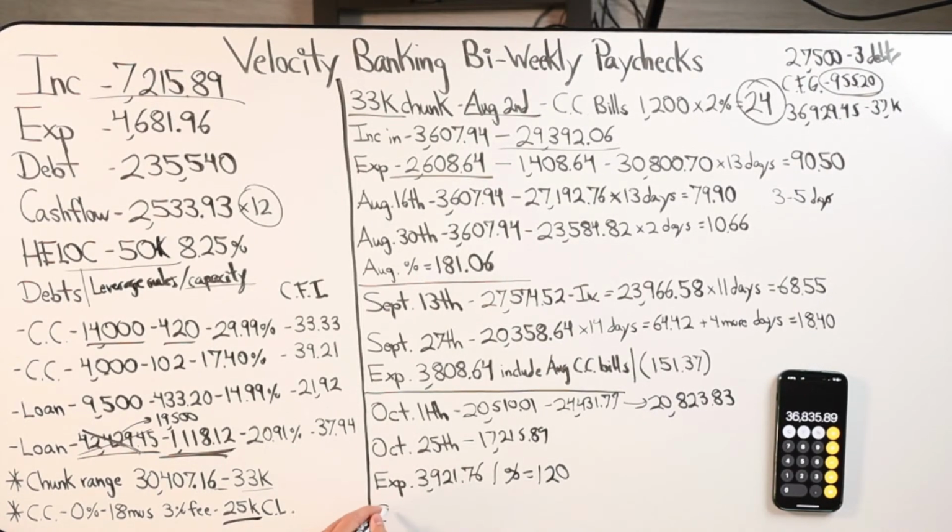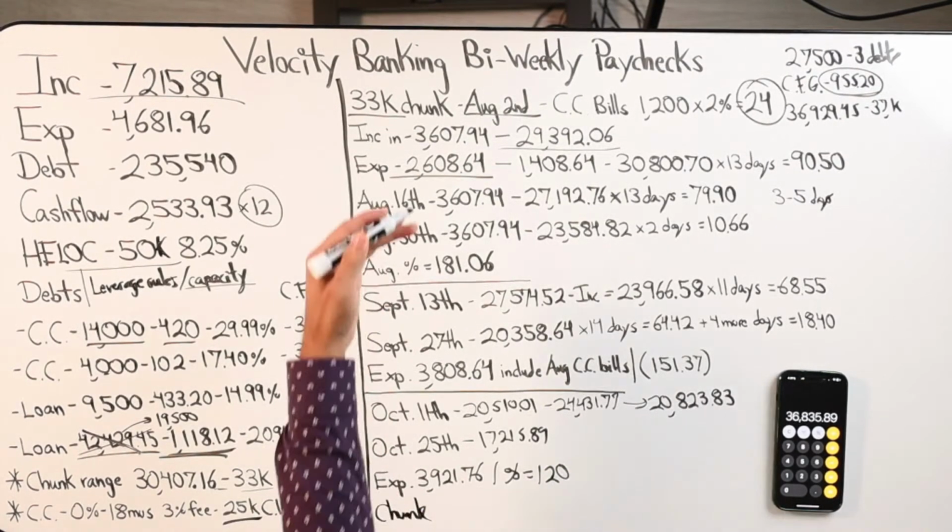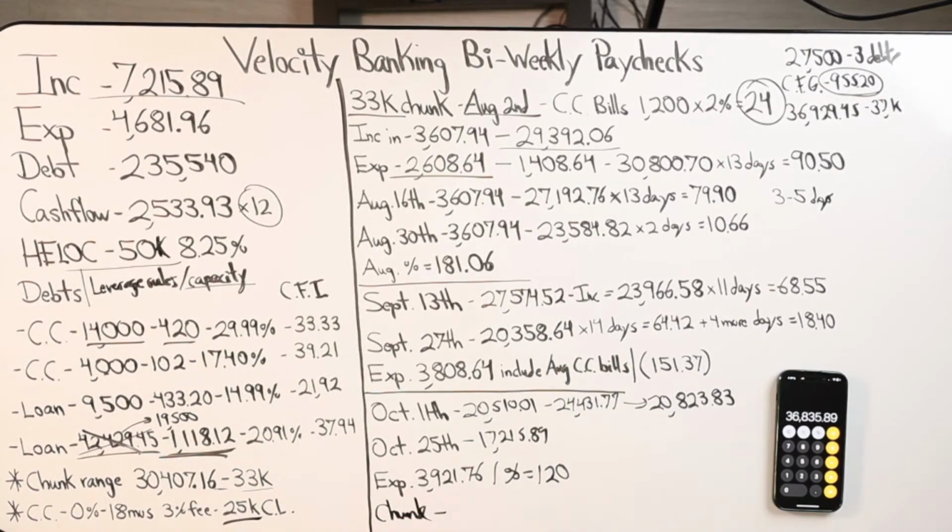So our second chunk is only less than 3 months later. August, September, October. Technically, you could say November, right? So be conservative. So November, you chunk 19.5, pays off the remaining of that balance, and we get a guaranteed cash flow gain of 1,118.12.